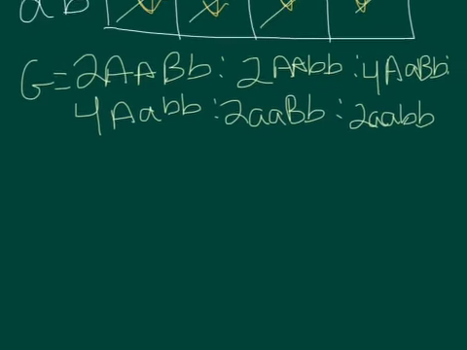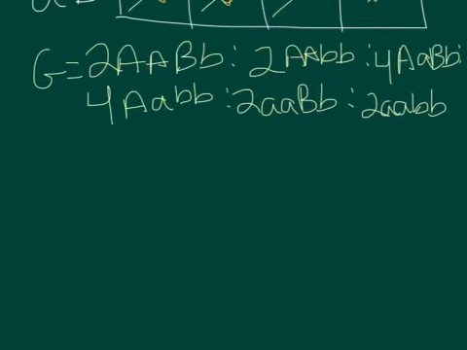Now let's look at our genotypes and let's interpret our phenotypes from that. So if I look here, I'm going to write them above them because it helps me. I know this one's going to be long fur, long tail, right?